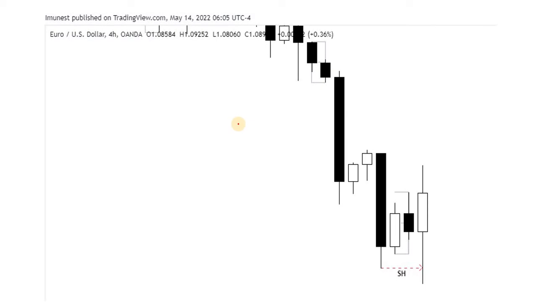Anytime you see, for example, this bullish candle, this bearish candle trading above two old highs and then closing below the highs, you can expect that the next candle is going to be bearish.